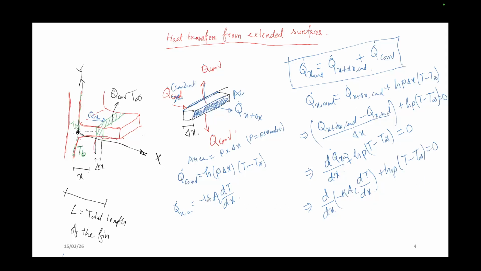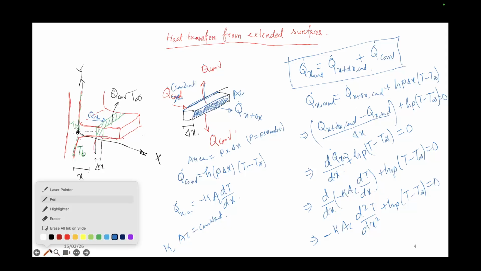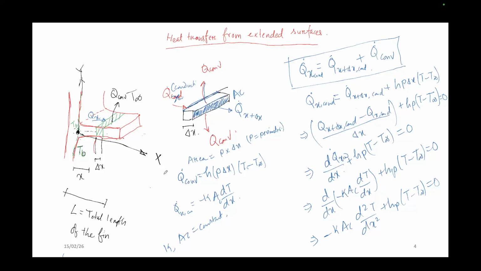Say for a material, if Ac is constant, k is constant, so I can write this equation in this form, minus k Ac d square T by dx square. Yes or no? Up to this I hope there is no confusion.